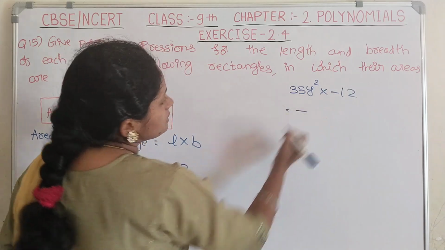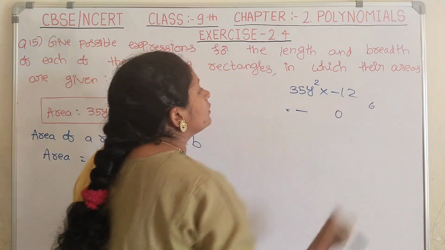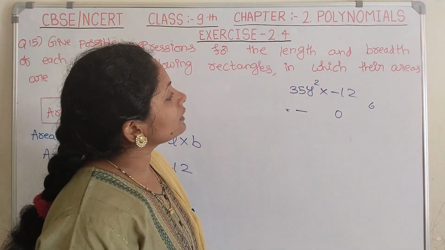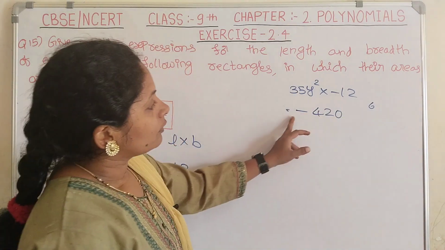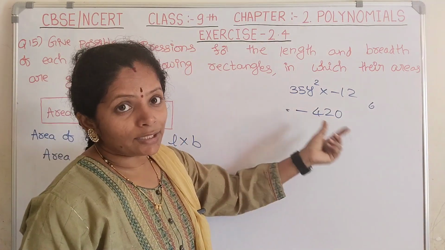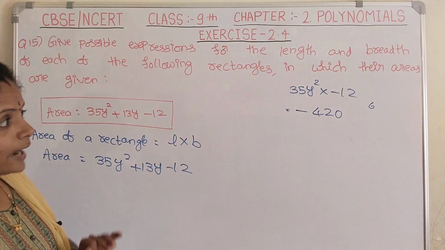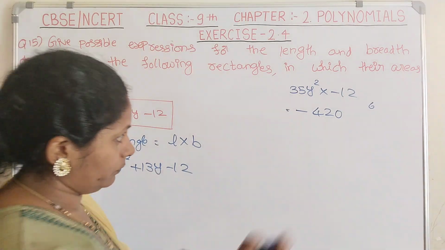Plus into minus is minus. 12 5s are 60, 6 is the carry. 12 3s are 36, 36 plus 6 is 42. Now we got the negative 420, meaning we have to perform the subtraction here. And after performing the subtraction, we should get positive 13y.